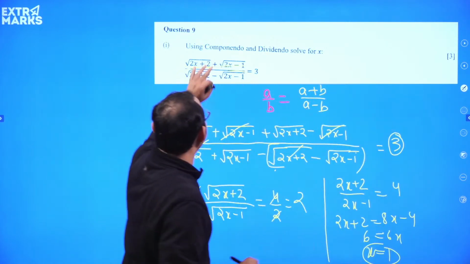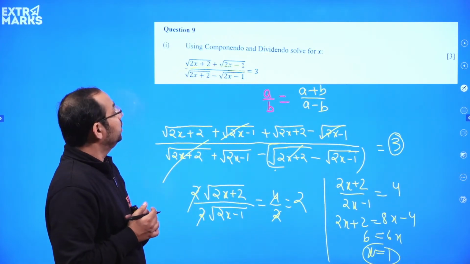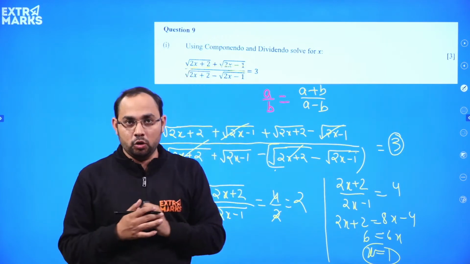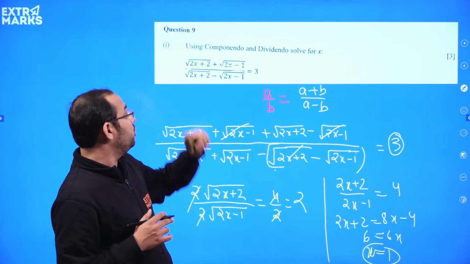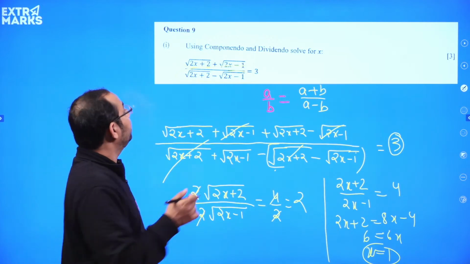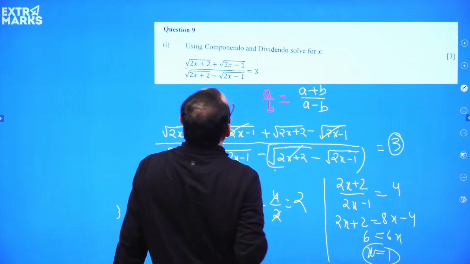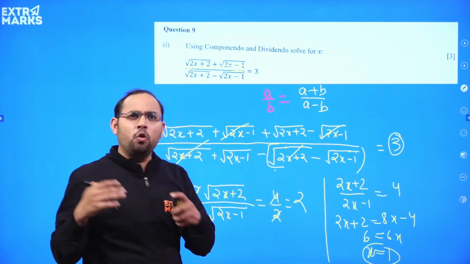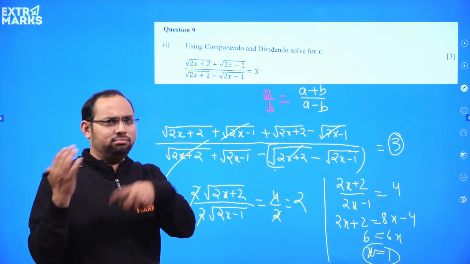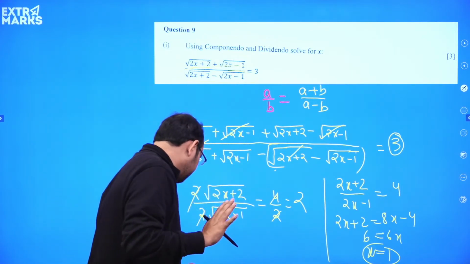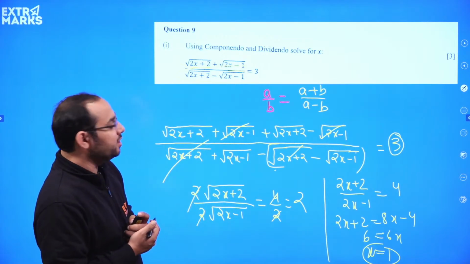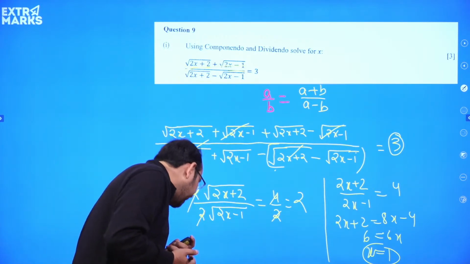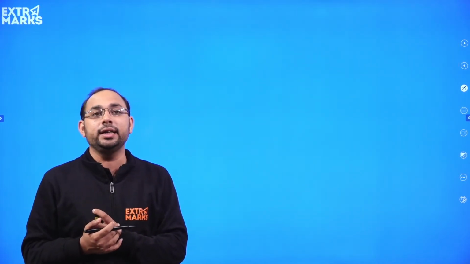As soon as your x is coming equal to 1, you can cross check it by putting x equal to 1, whether that is correct or not. So 4 minus 1 is 3, and this is 4, so square root of 4 is 2, and simply you can cross check. That's what I wanted to say. Sir, x is coming equal to 1. Tanishk, very good. Tanish got it right.